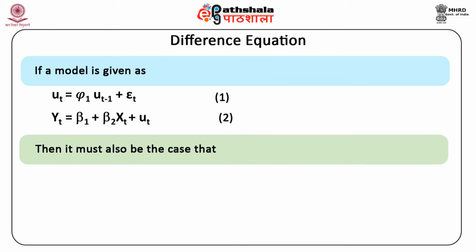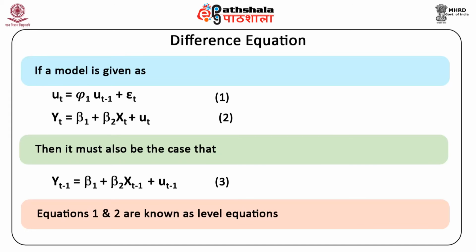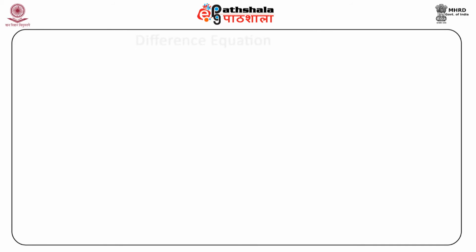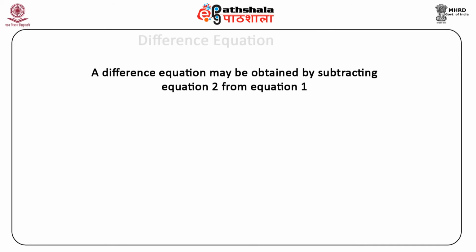Then it must also be the case that y_{t-1} = β1 + β2 x_{t-1} + u_{t-1}, equation 3. Equation 1 and 2 are known as level equations.